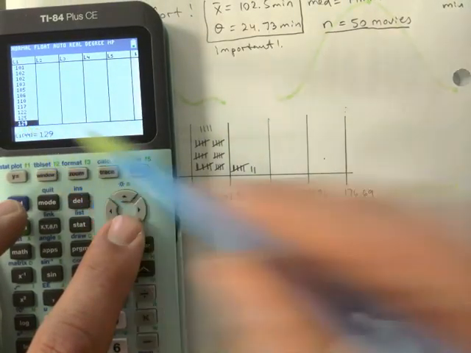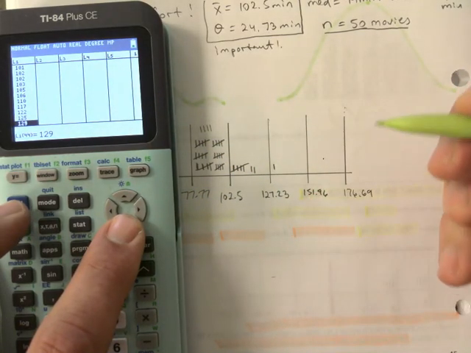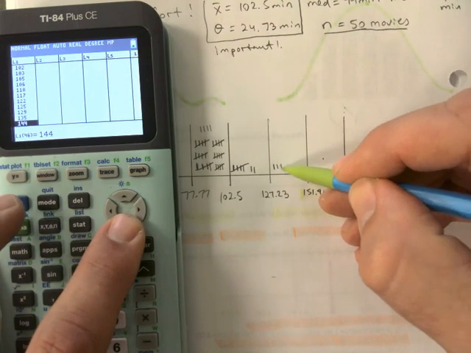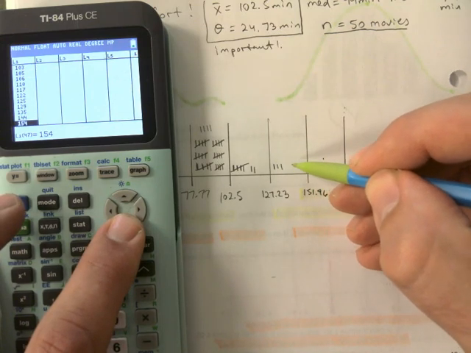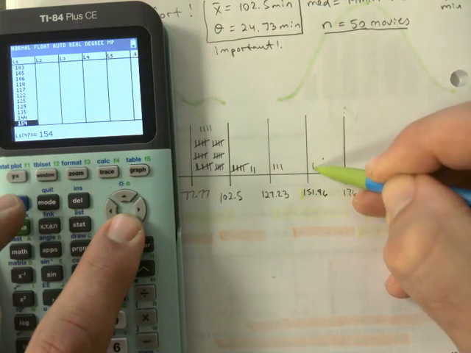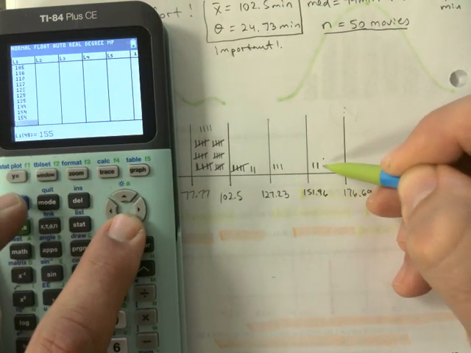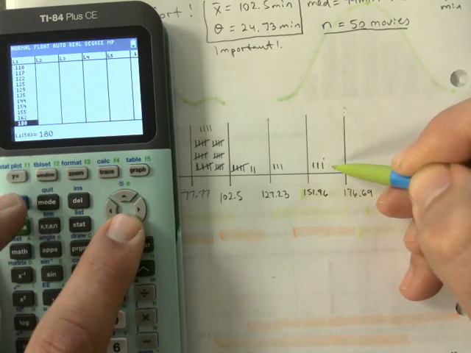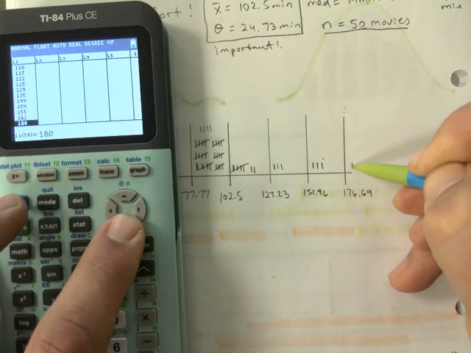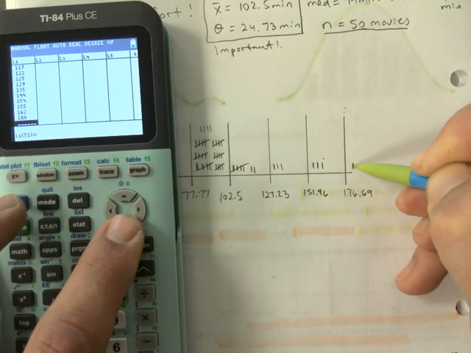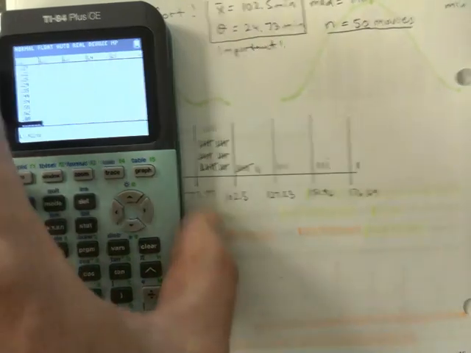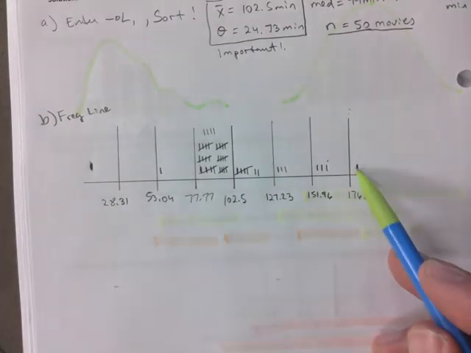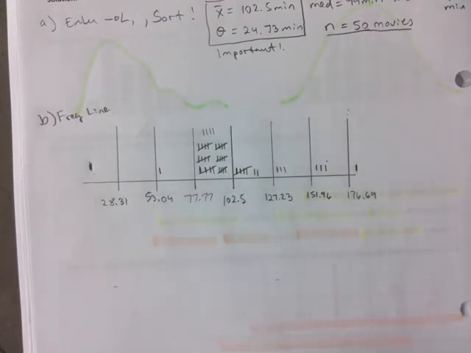As soon as I get to 129, I'm in here. 135, I'm still here. 144, still there. 154, I got to jump to this next bin. 155, 162, 180, that gets me outside of this bin. It's on the extremes here. So 180 is out here, and so is the 25-minute movie, right? So those are kind of considered outliers.